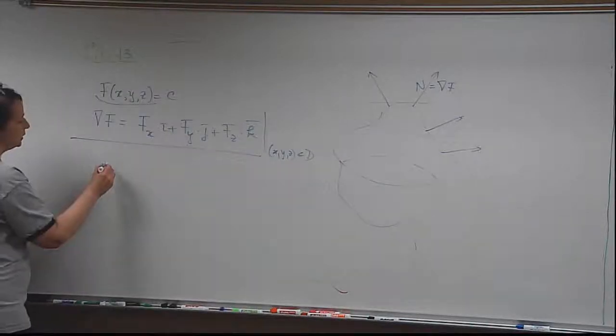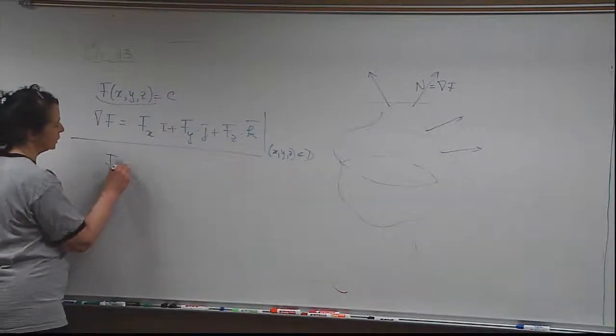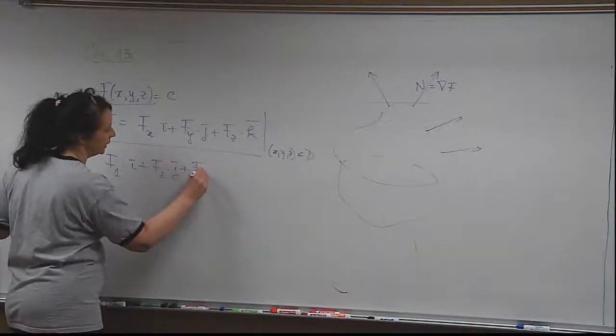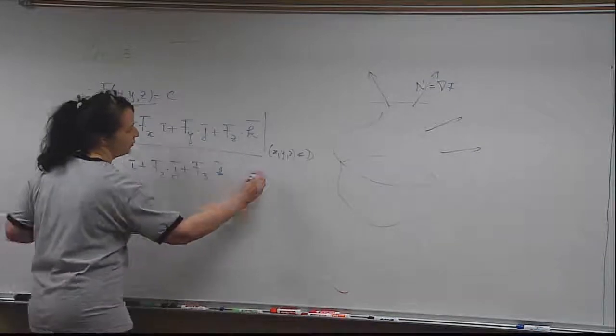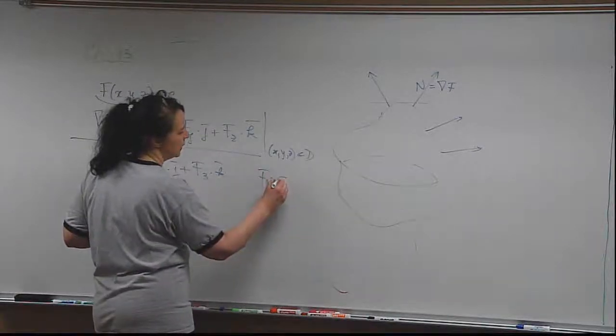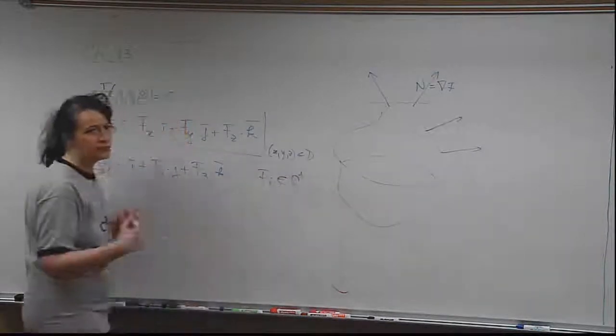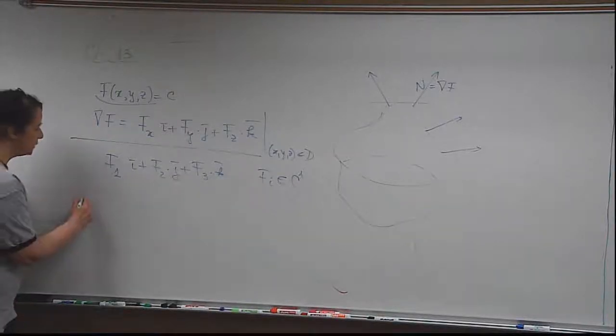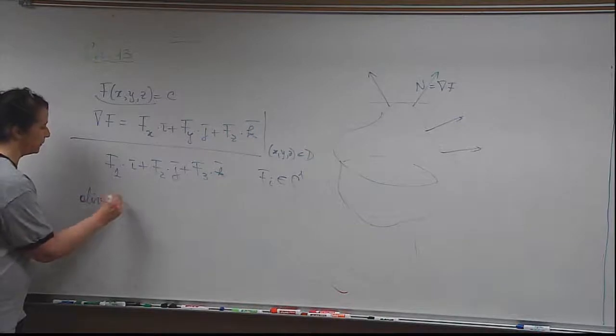I said, if you have a vector field f1 i plus f2 j plus f3 k, where the fi are C1, that means differentiable and the derivatives are continuous, what was the divergence of f?